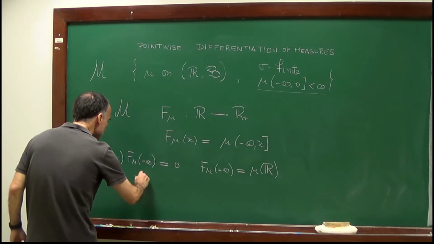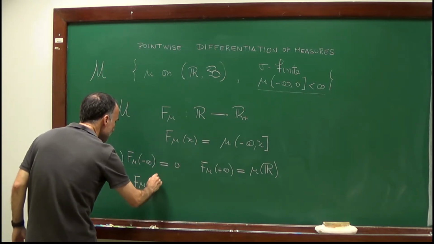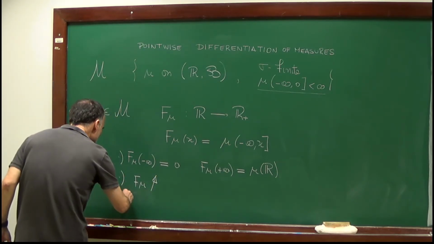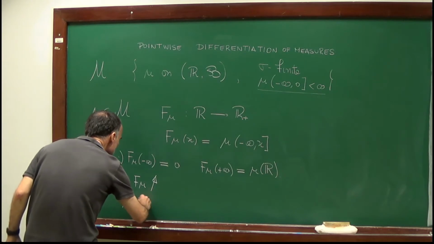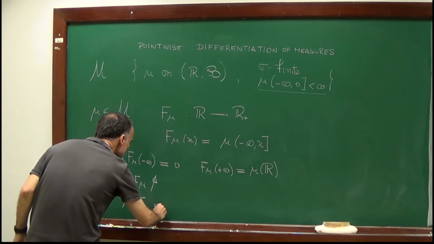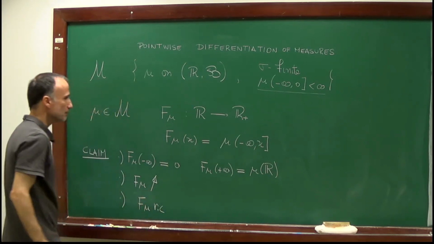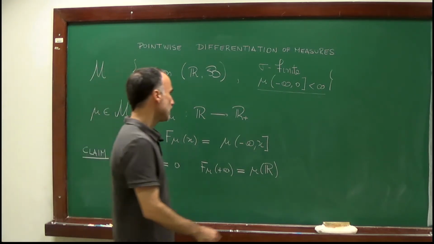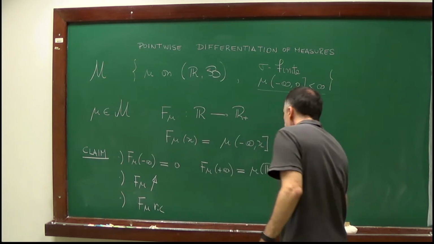Then I claim that f_mu is monotone increasing. And finally, that f_mu is right continuous. Okay, so let me prove these three properties, and they are all very, very easy.